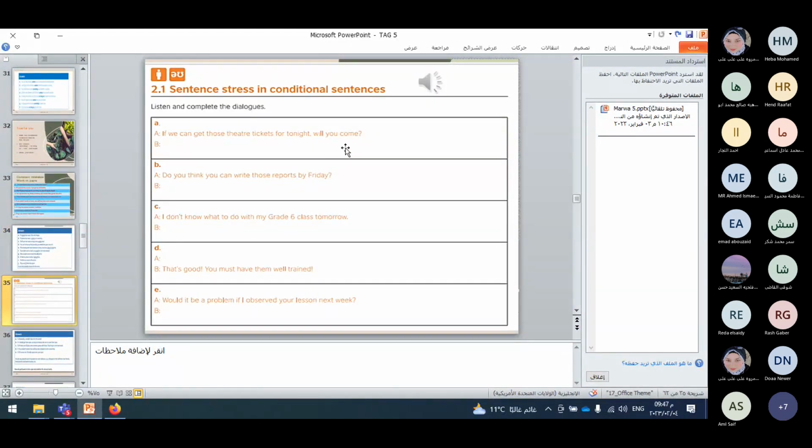Here we have an audio. You will listen and you will complete the conversation. I'll only take two conversations, A and B. So let's listen to the audio. We have here speaker A and speaker B. Speaker A says a sentence and the sentence is here on the slide. But what is missing is the sentence for speaker B. So let's listen to the first conversation only and you tell me what speaker B says in conversation number one.